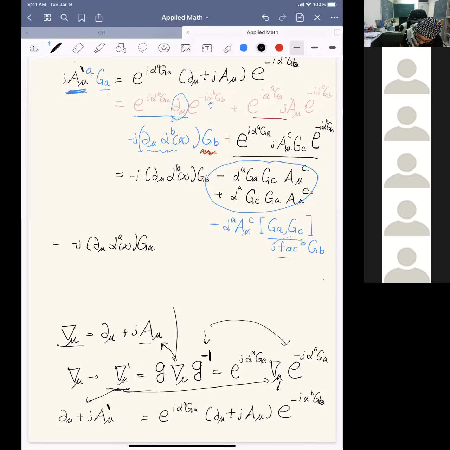I'm just changing B to A. Minus i alpha A f A C B. Oh, sorry, this is probably not good. I'm going to exchange A and B, because I want to make all my G's called A. So then this is f A C. Let me call this B, and then this is alpha B, and then this is A C mu.